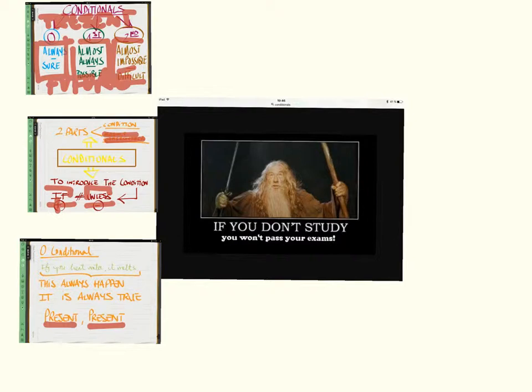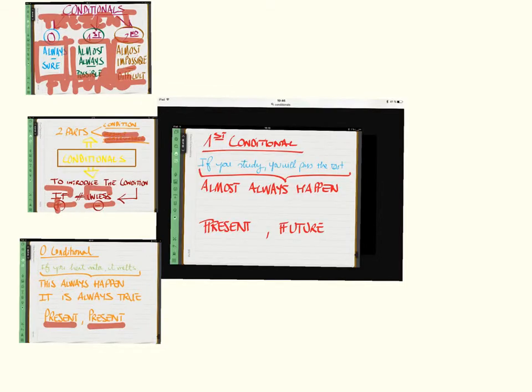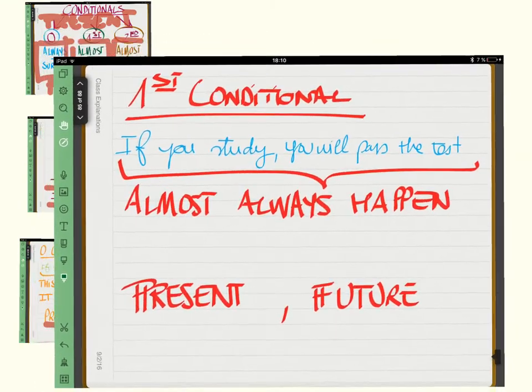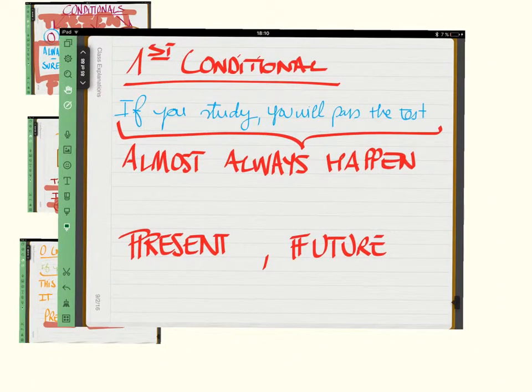The other conditional we work with is first conditional. First conditional, as you know, is something that almost always happens. So if we go from more possible to less possible, we will have zero. It's the most possible one, then we have first conditional, and then we will have second conditional.